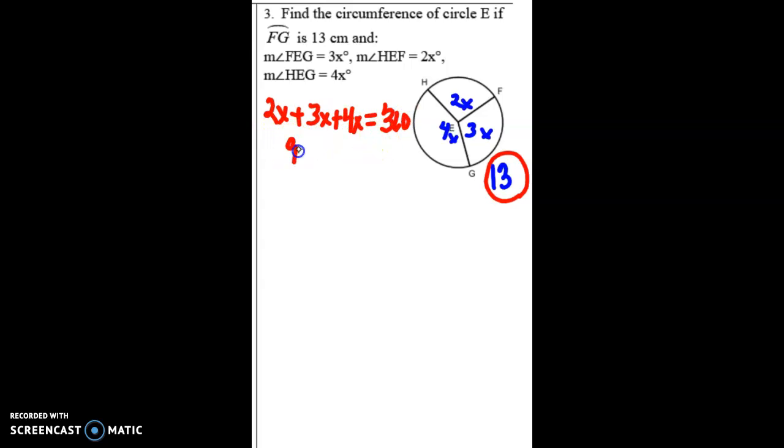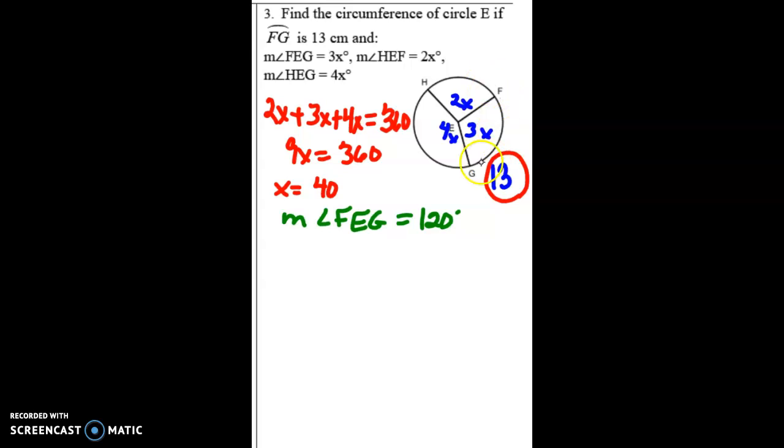This would be 9x equals 360. So x is 40, and if that is true, then the measure of angle FEG would be 3 times 40, that would be 120.